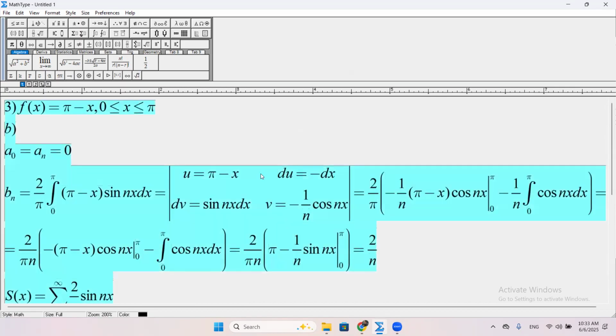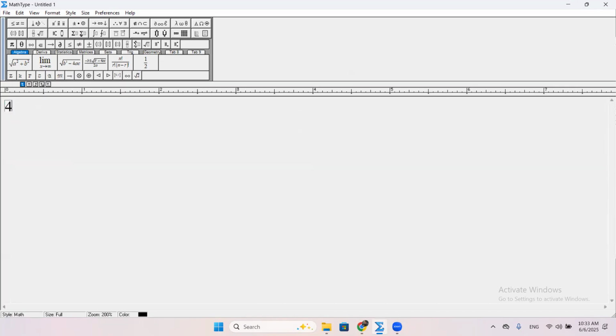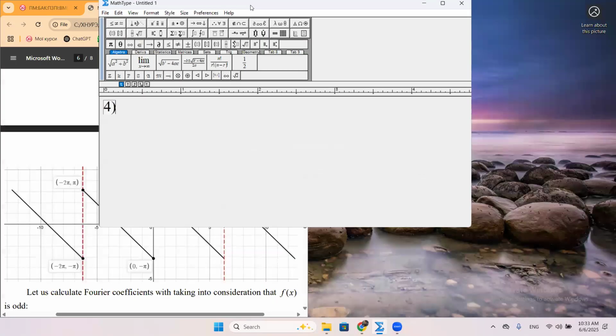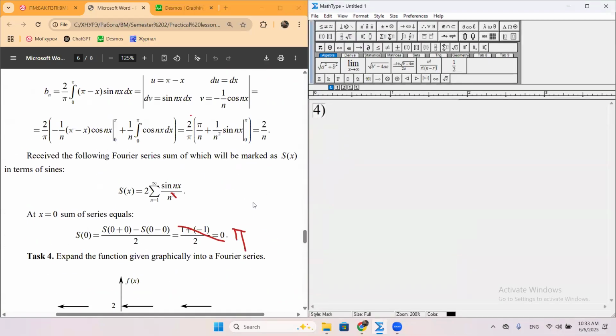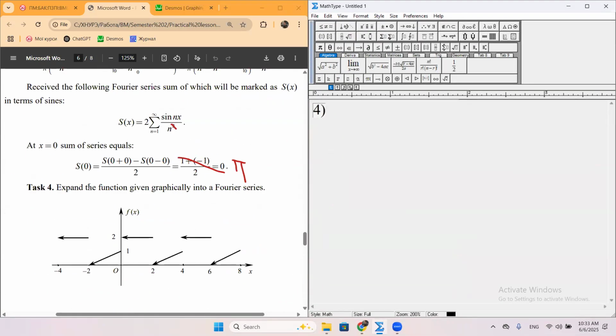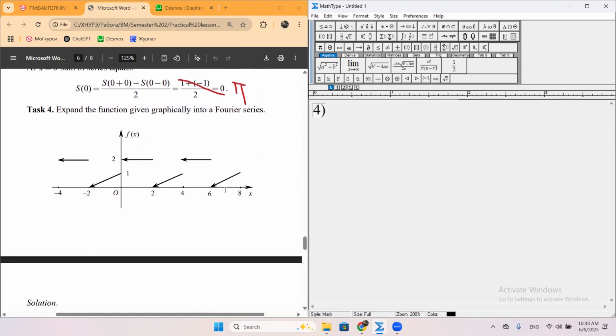Okay, if no questions, let's move to exercise 4. So we have the following function. It is given graphically, and we'll expand it into Fourier series. But first of all, let's write down the analytical expression for this function.